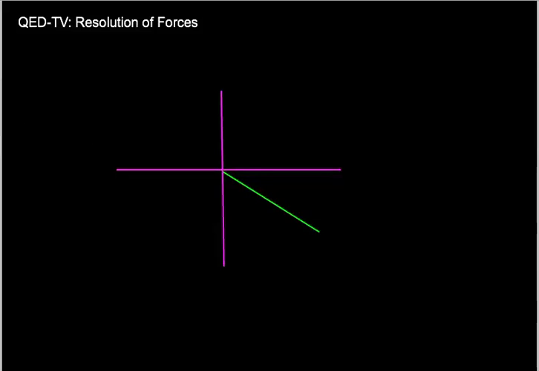So we're going to have here's our vector, and this is 10 newtons, and this was 37 degrees. So here's our single vector that we have described in space, and if that's 37 degrees, we can figure out this other angle here too. It would be 53 degrees.